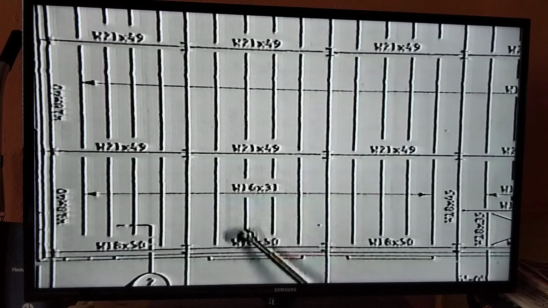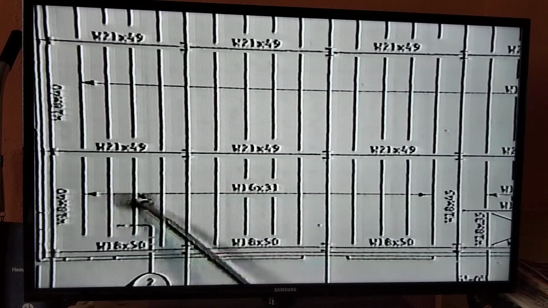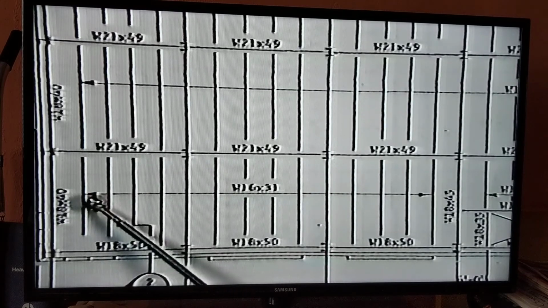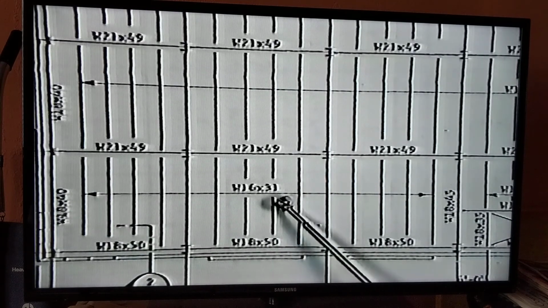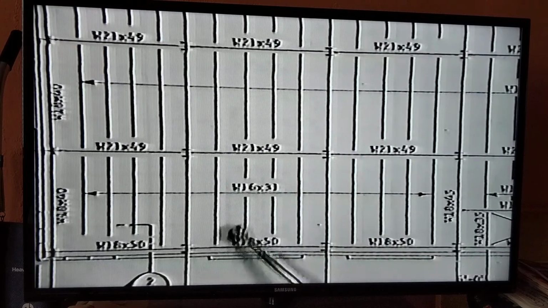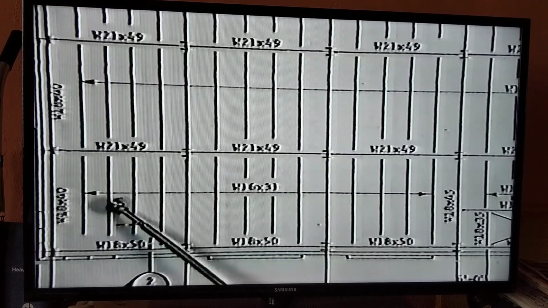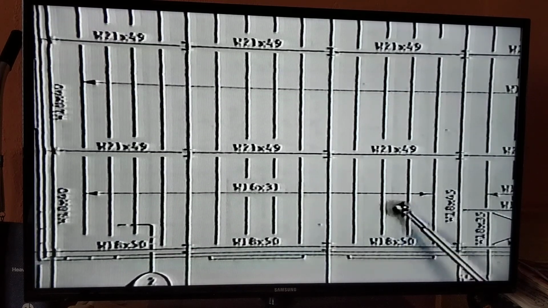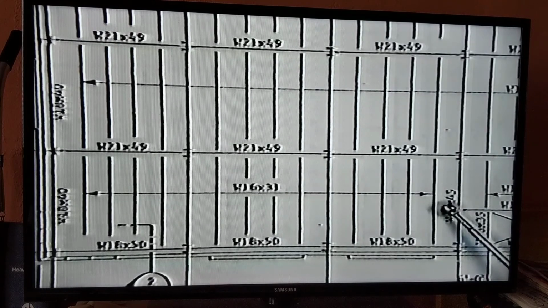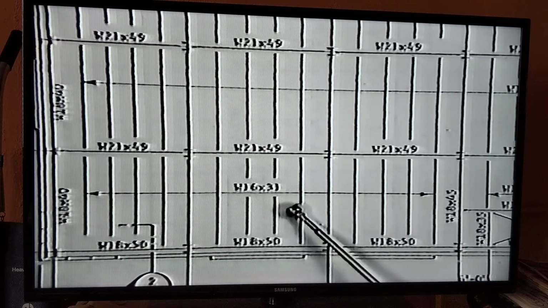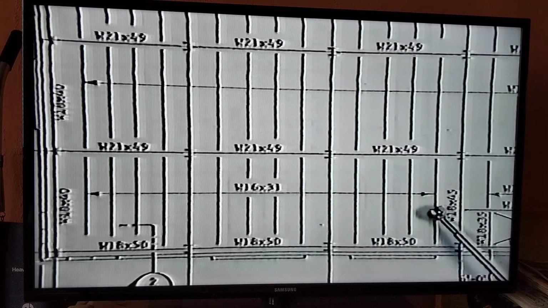They're running perpendicular to this arrow. The arrow itself is saying everything I'm touching or running over is one of them. And so I have W16 by 31s. They are each along here 23 feet long. And I have 1, 2, 3, 4, 5, 6, 7, 8, 9, 10, 11, 12, 13, 14 of them.